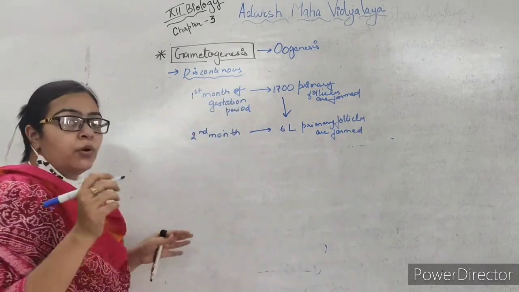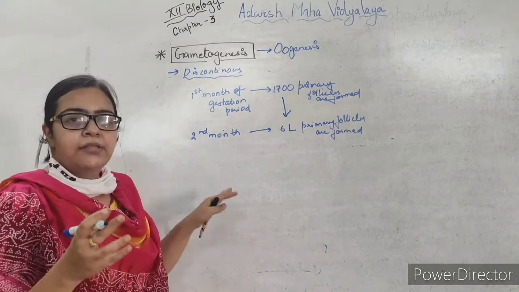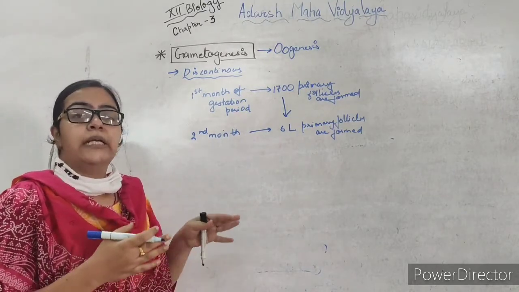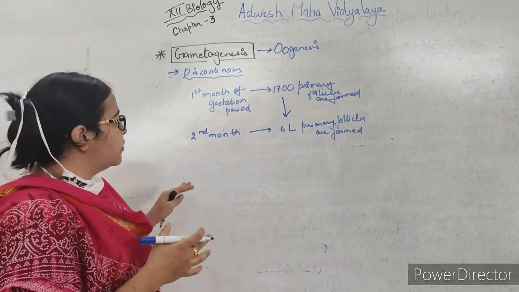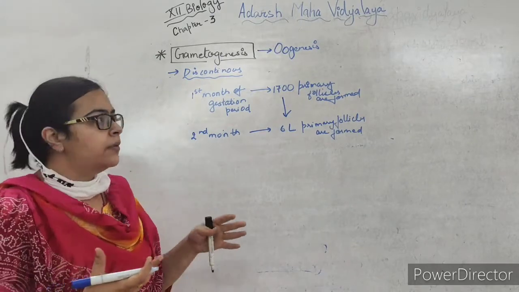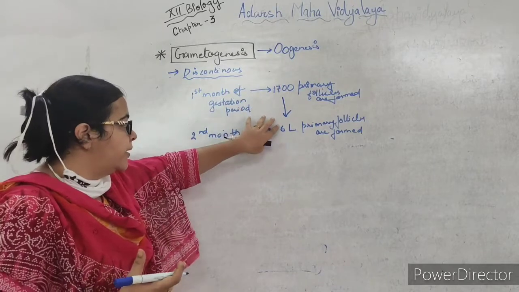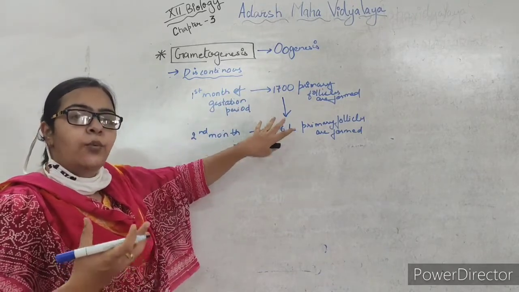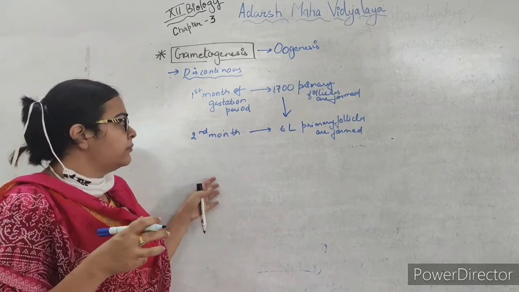I am talking about the female fetus present in the mother's womb. You can see the beauty that the growth of the follicles responsible for the formation of the gamete starts when the fetus is inside the mother's womb.